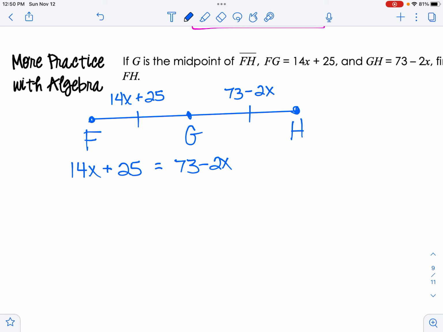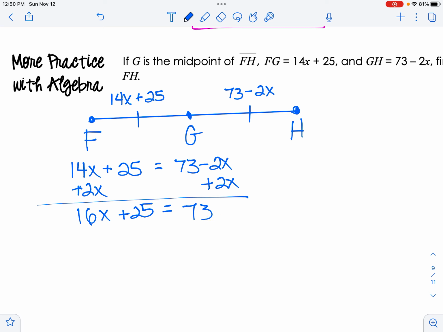Okay, so I'm going to add 2x to both sides to get all my x's on one side. I have 16x plus 25 equals 73. Okay, and then I want to subtract 25 from both sides. You get 16x equals, and then this is 48.